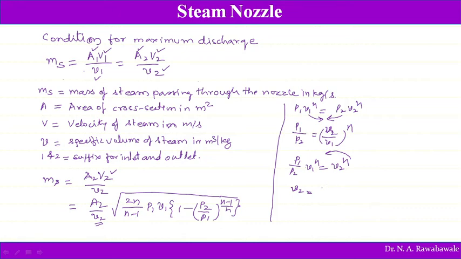So here p1 divided by p2 v1 to the power of n, to the power of 1 over n we can write. So v2 can be written as v1 to the power of n into 1 over n gets cancelled, but here v1 can be written as it is into p1 divided by p2 to the power of 1 over n.